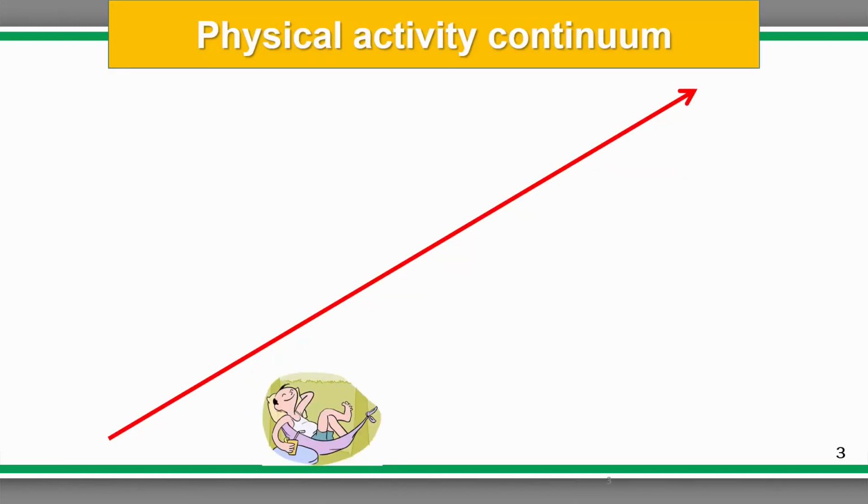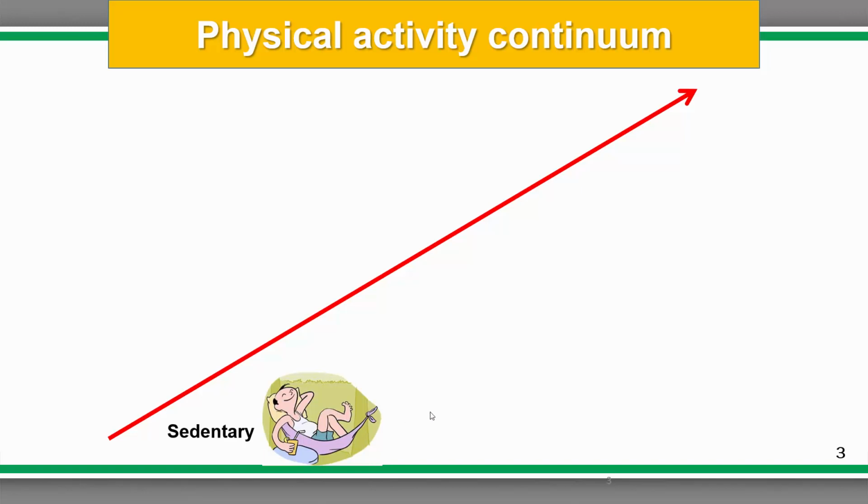This slide here will address something that's not covered in Chapter 1, but the physical activity continuum is a good approach to examining the various range of different levels of physical activity. And we begin at the very lowest level, which is sedentary physical behavior.